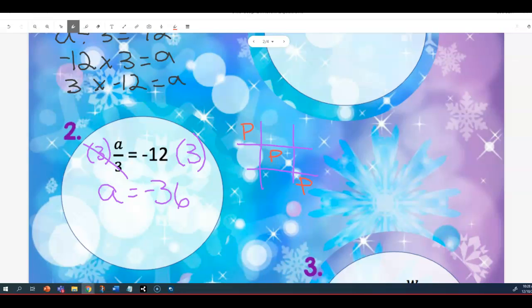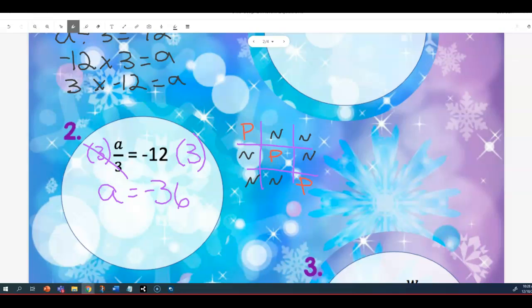Once you have the positives diagonally, then we're going to fill in the rest with negatives. So this would be a negative, negative, negative, negative, and negative. All I got to worry about is 3 positives diagonally, and fill in the rest with negatives.